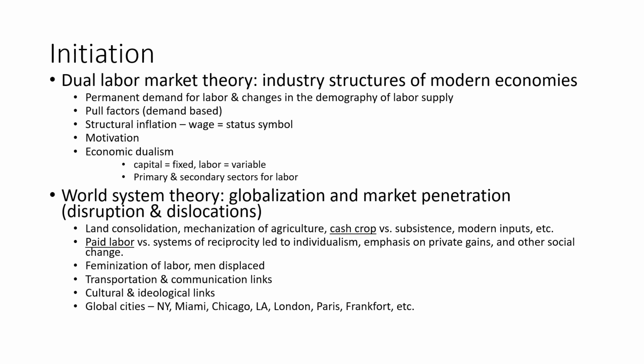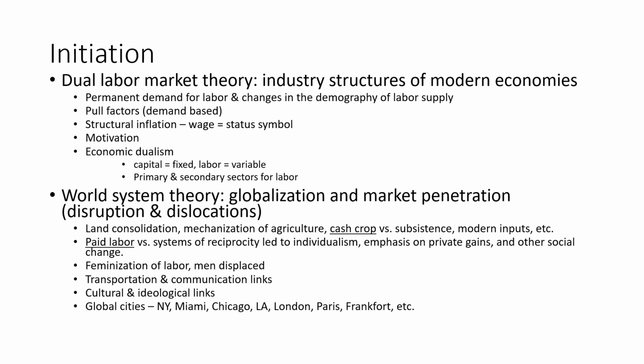So as you can see, the industry structure of these different destination areas create a permanent demand for foreign labor, especially for them to fulfill the roles of variable or temporary labor.